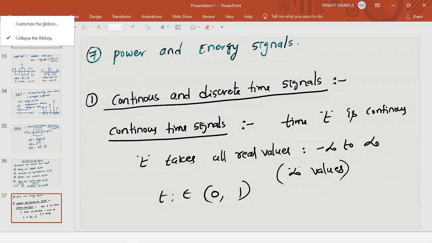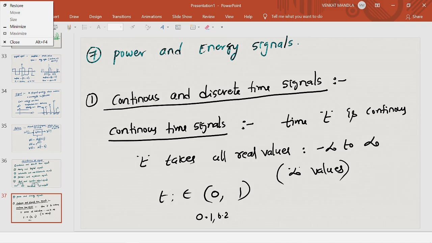These possible real values may be integers or non-integers. So in between 0 and 1, how many values are possible? Infinite values: 0, 0.1, 0.2, 0.2223, and so on, all up to 1. These are infinite values.